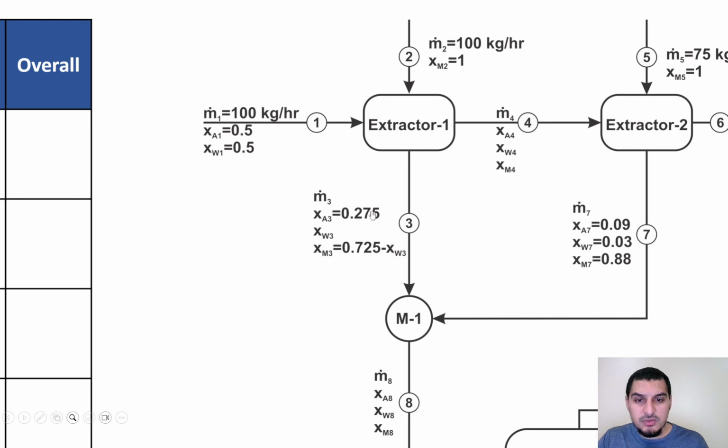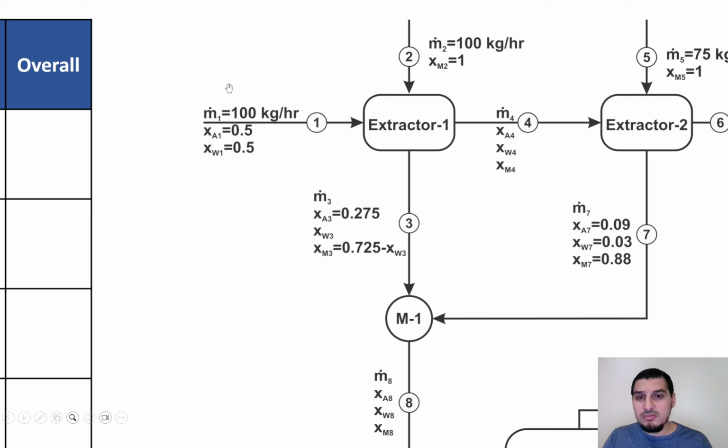So 1 minus 0.275 is 0.725, and 1 minus this is this, minus xw. So this is actually just something put there to confuse. It's not adding anything new. We already know this without even being told. So we have only one piece of information here.